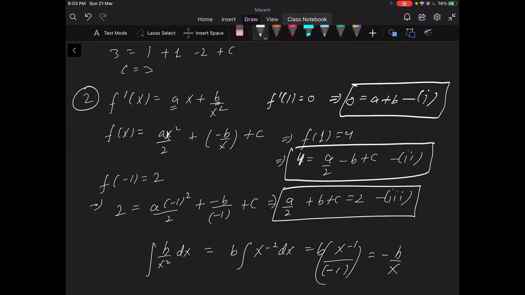Understood. Right. So now you just have to solve these three equations. I would recommend subtracting 3 from 2 first.